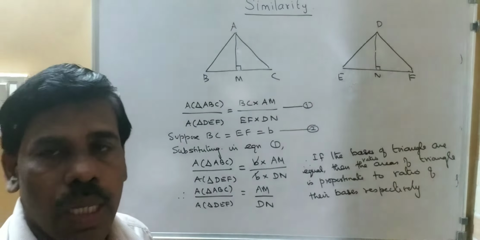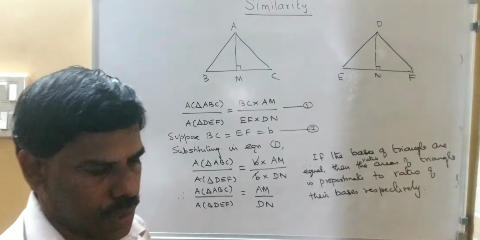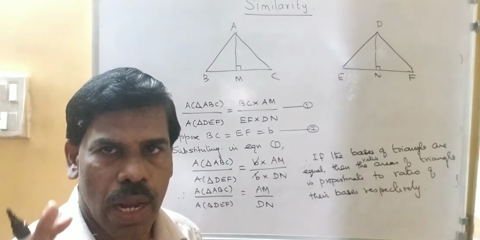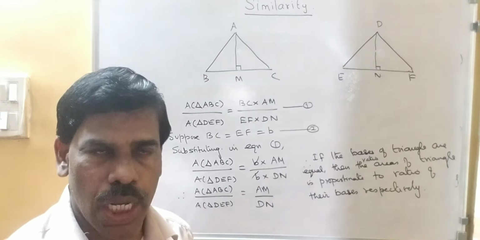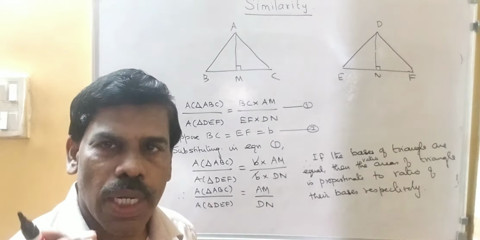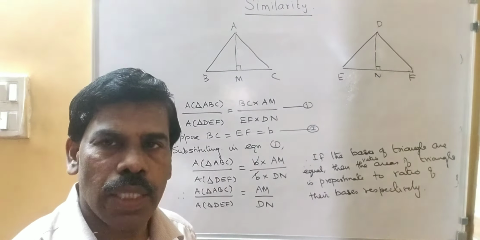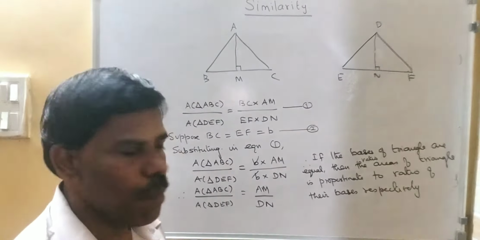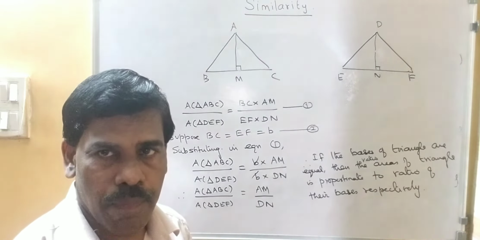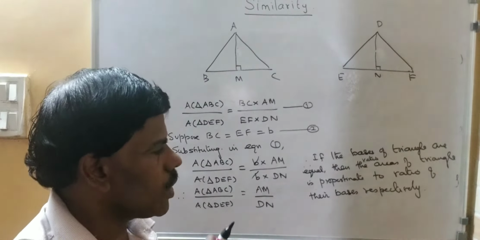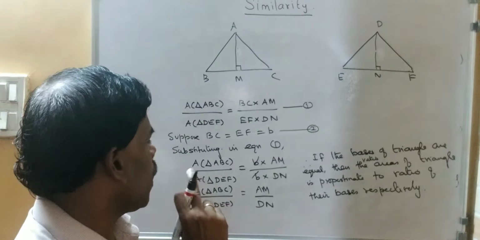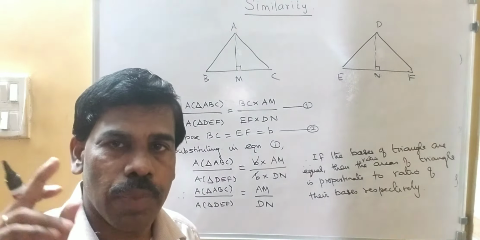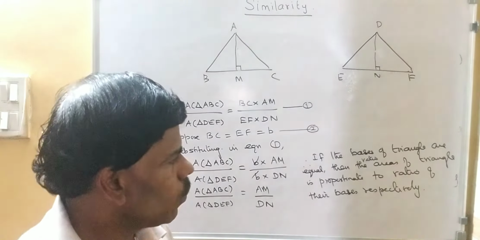So now see, we have studied 3 things. First one is the ratio of the area of 2 triangles is equal to the ratio of the product of the corresponding base and heights. That is number 1. Number 2, if heights are same, then the ratio of their areas will be proportional to the ratio of their bases.